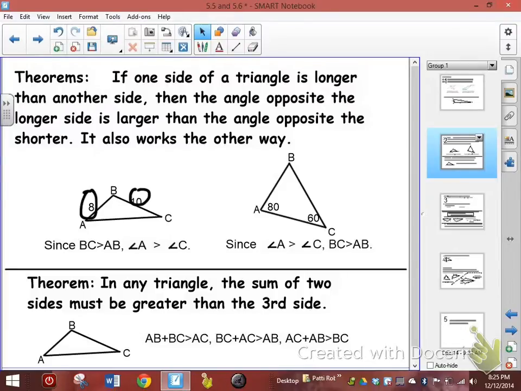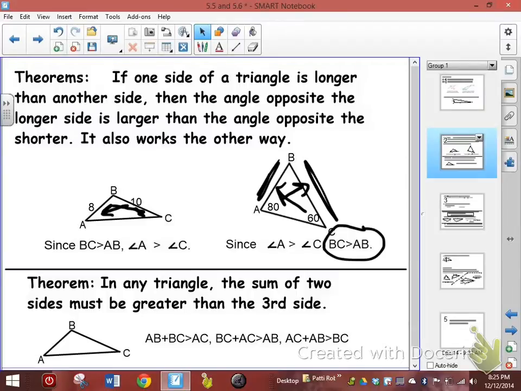So if you look at the sides opposite, since 10 is bigger than 8, angle A is going to be bigger than angle C. You just got to make sure you know how to look to the opposite angle. And then vice versa, since 80 is bigger than 60, if you look at the side opposite, that means this line here, BC, is going to be bigger than the one opposite that 60-degree angle, which is AB. So that's what is written right there.